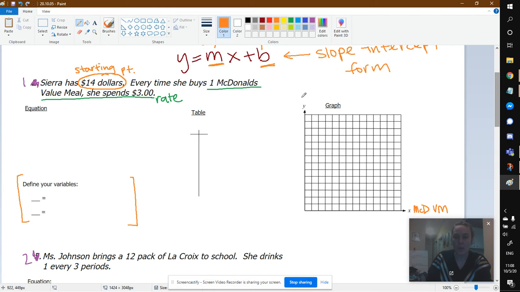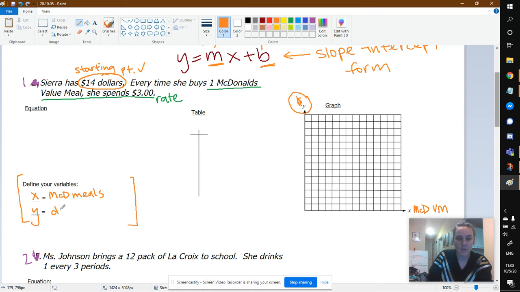And I'm going to make my y-axis money I have. The y-axis and the starting point will always match up, which is why I made my y dollars and my x McDonald's. So I'm going to say x is McDonald's meals and y is dollars Sierra has.